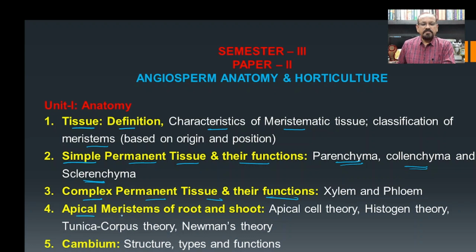The fourth topic is based on the apical meristems of root and shoot, which includes the different theories: the apical cell theory, histogen theory, tunica corpus theory and Newman's theory. And the last topic is based on the cambium, which includes the structure of cambium, types of cambium and functions of cambium. So let's see the different 75 MCQ type questions based on this unit.